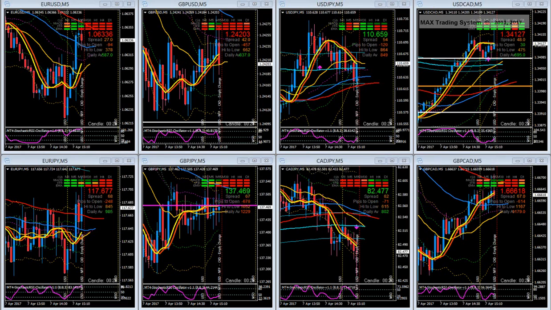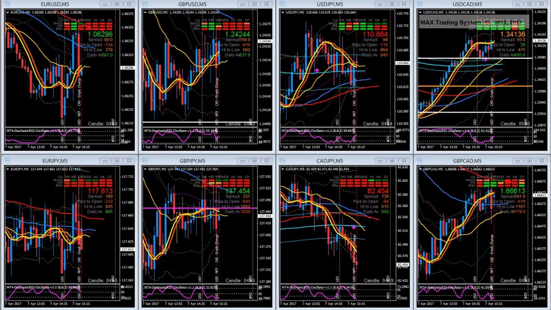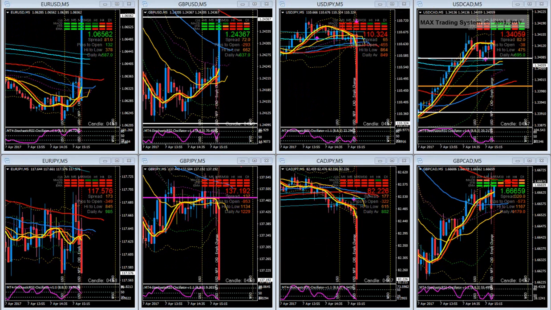And if we have a surprise in the news, you will see a big spike. I never try to catch these spikes because if you display on your chart the bid and the ask price, you see how fast the spike is.